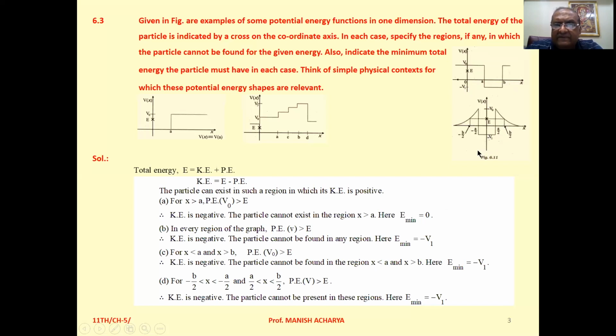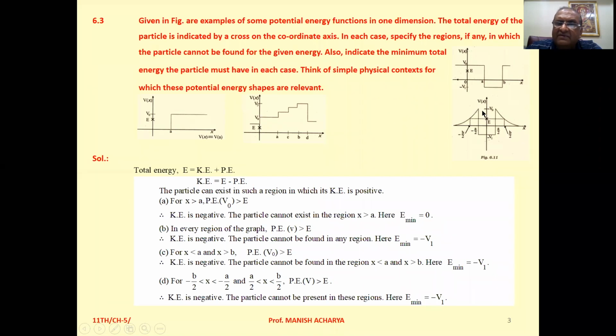So here see, suppose we think about this particular region, minus a by 2 to minus b by 2, this much region. So here, this is E, and above it, there is the V0. So from minus a by 2 to minus b by 2, in this region, potential energy is greater than total energy.